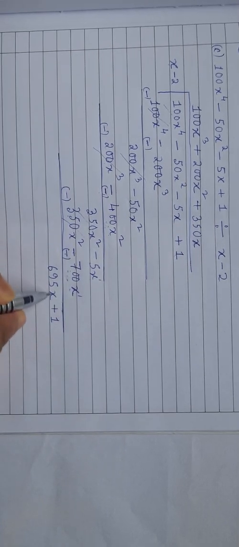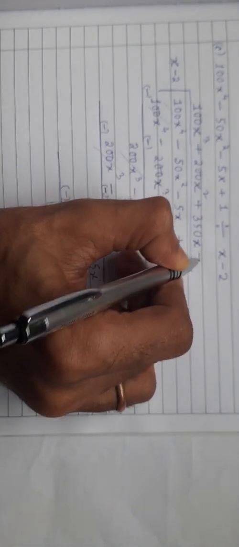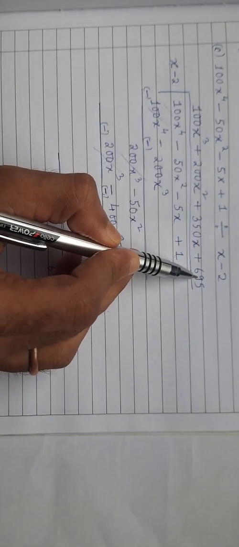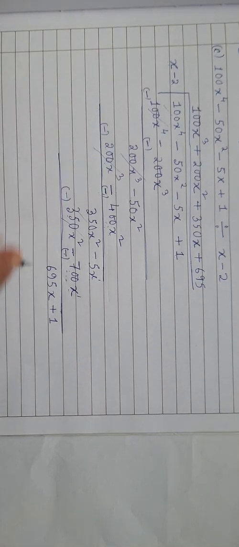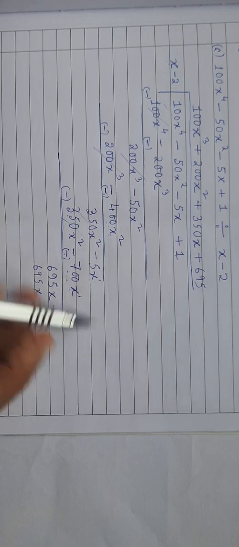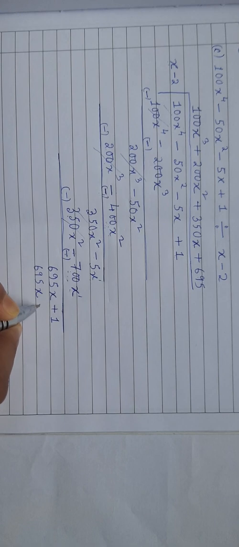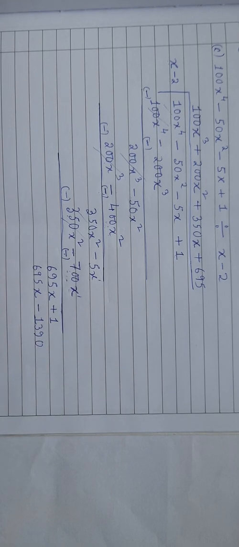Now the highest power variable term is 695x, so we'll try to cancel this term. So plus 695, so 695 into x is 695x, and 695 into minus 2 is minus 1390.